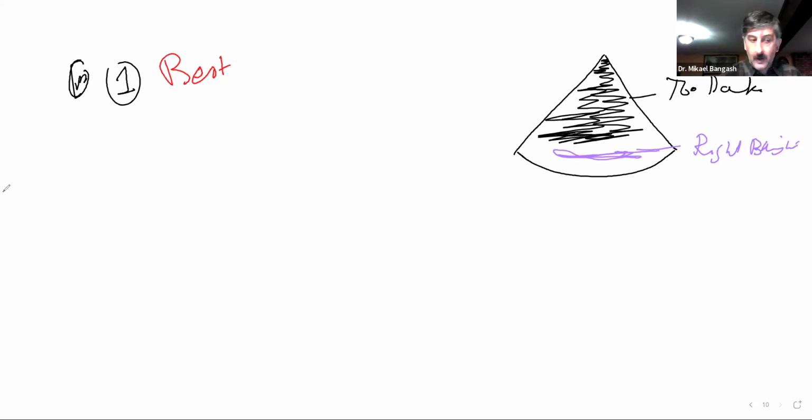Now, one is adjust compensation. Two is a higher frequency transducer.